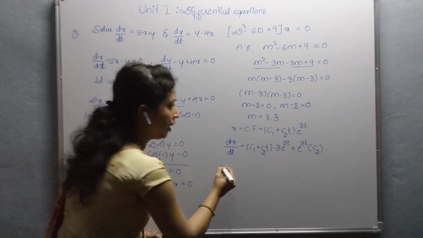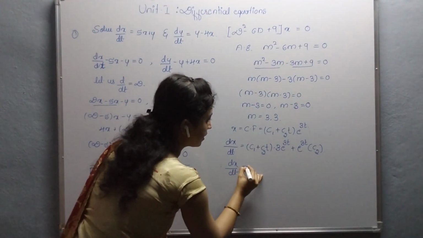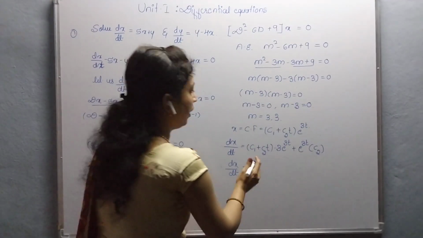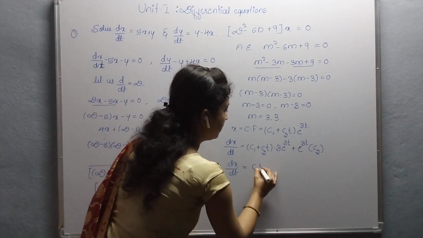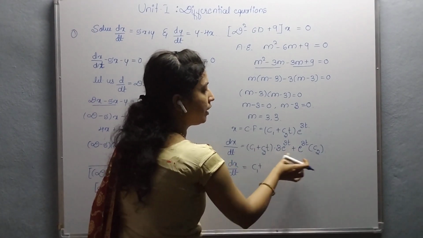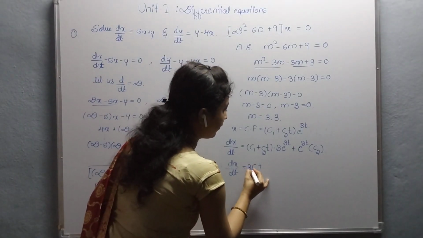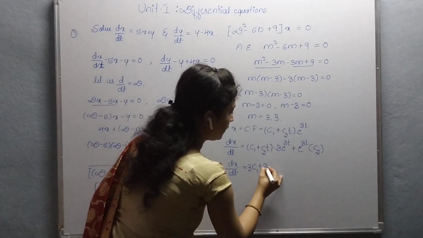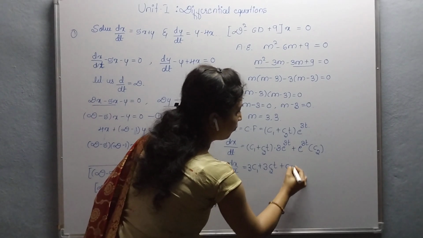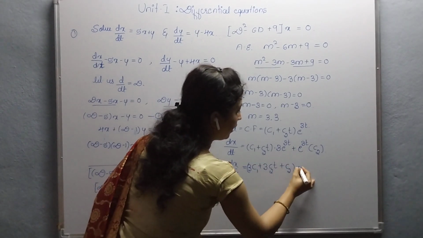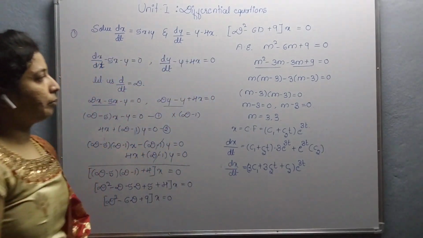So now dx upon dt is equal to e raised to 3t common, (3c1 plus 3c2 t plus c2) into e raised to 3t. This is dx by dt.